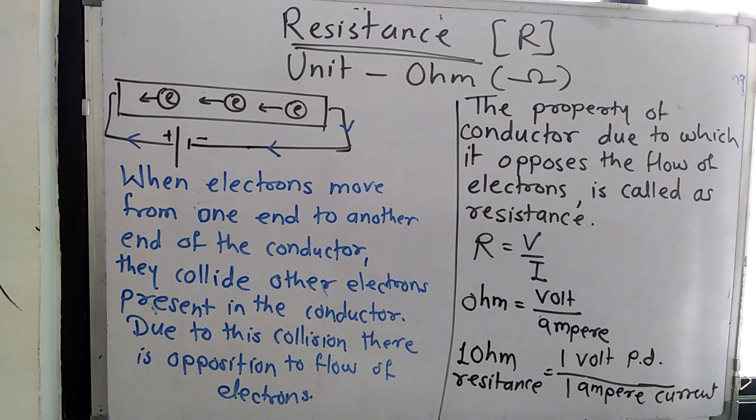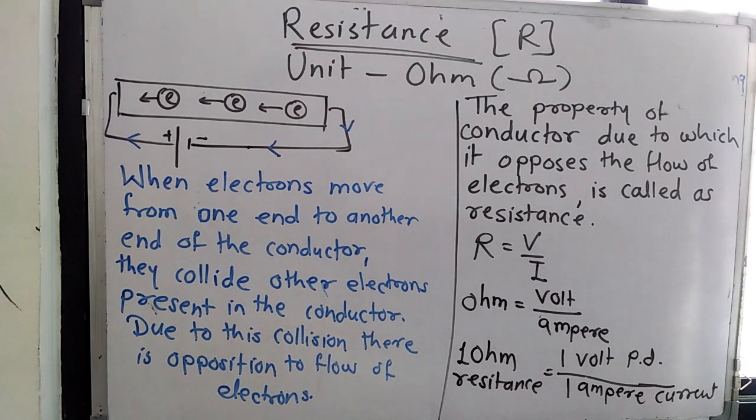The substances which have very less resistance are called conductors. जिनका रेजिस्टेंस कम होता है उनको ही हम बोलते हैं कंडक्टर. जिनका रेजिस्टेंस कम है मतलब अपोजिशन टू द फ्लो ऑफ इलेक्ट्रॉन भी कम है. So the substances which have less opposition to the flow of current, meaning these substances have less resistance, are called conductors.